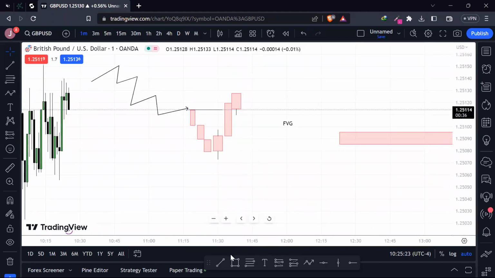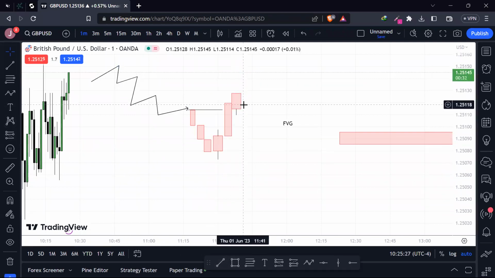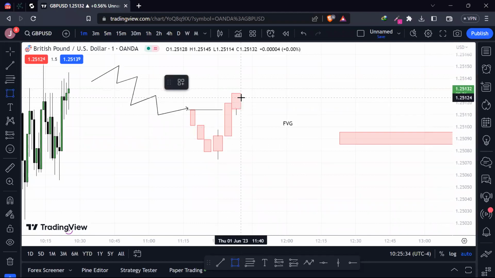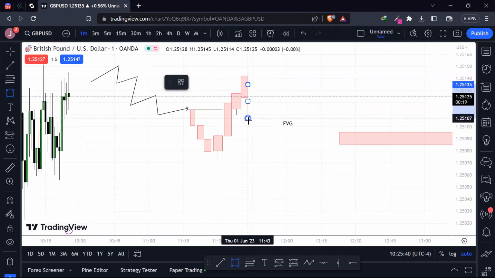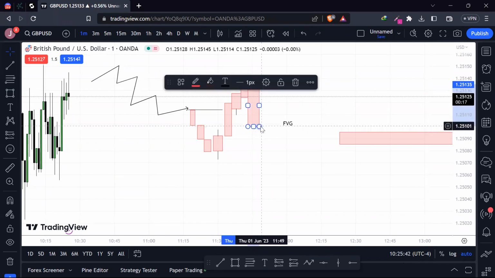So the market didn't give opportunity for the sellers. What happens then is after the two or three candles to the upside, a bearish candle comes in to the fair value gap.